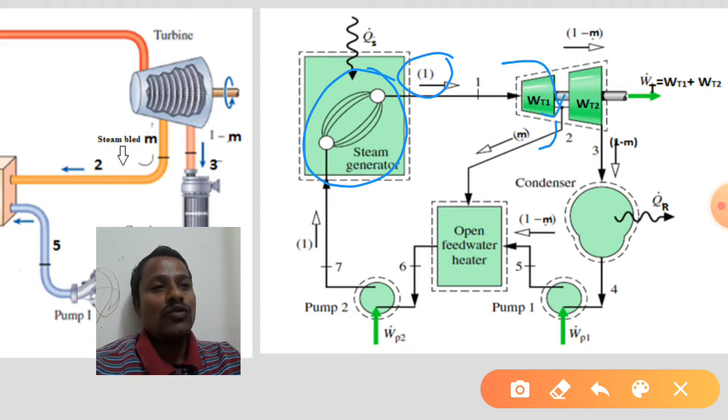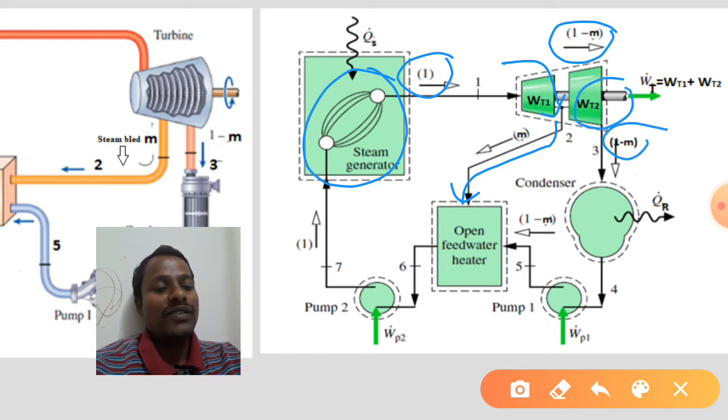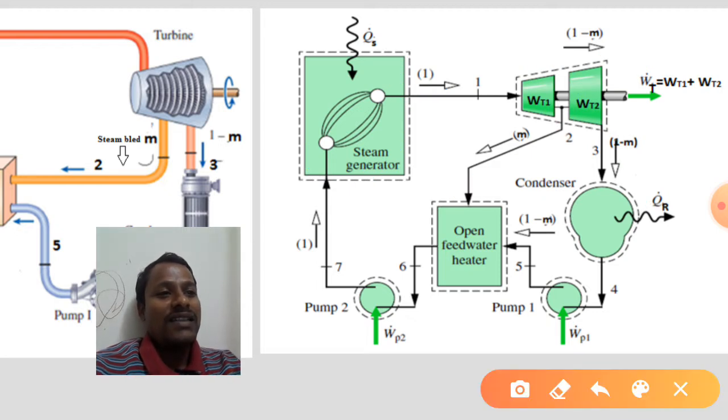At point 2 we bleed m kg of steam, and the remaining 1 minus m is expanding in turbine stage 2. So 1 minus m comes out of turbine stage 2 producing WT amount of work. Then it enters the condenser. After condensation it comes out at state 4.